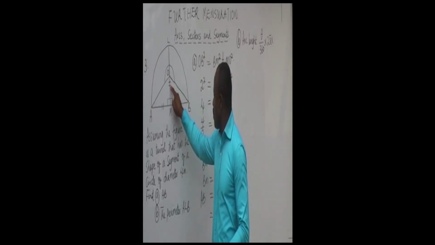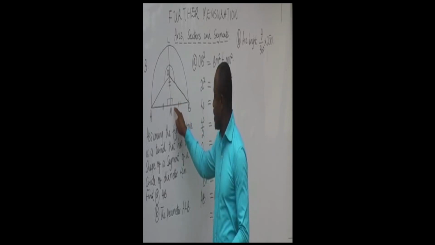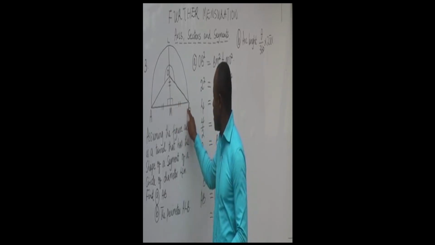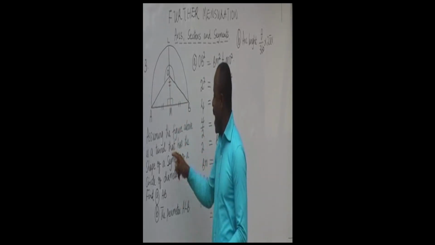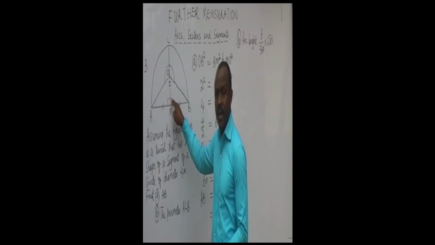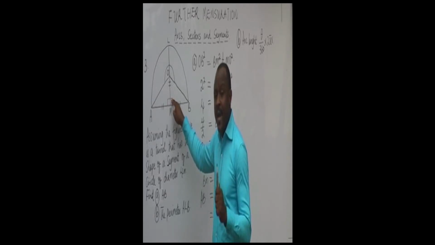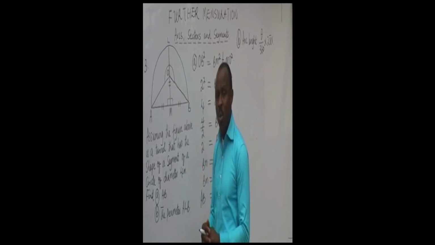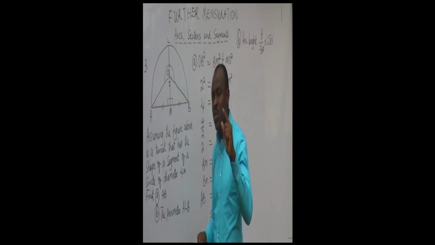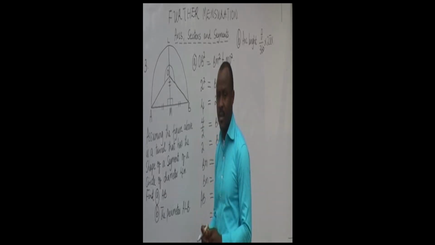These two strokes on this side tell us that this side MB is equal to MO, and it is right-angled here. For any right-angled isosceles triangle, the base angles are always equal and equal to 45 degrees.